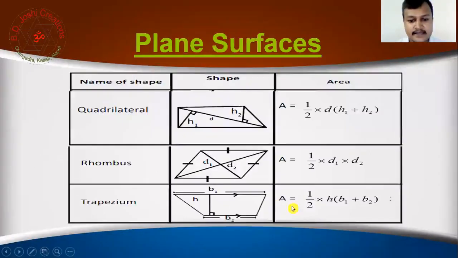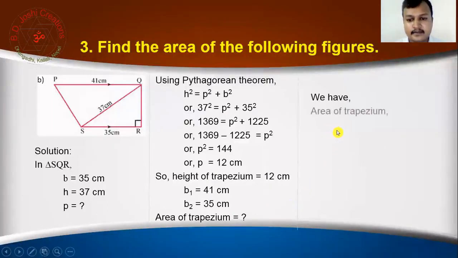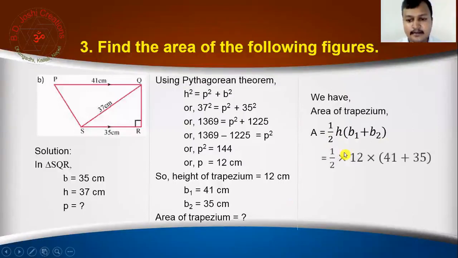And you know the formula, as I repeated. Area is equal to 1 by 2 h times (B1 plus B2). We are using the same formula here. Put all values. Value of h is 12, value of B1 is 41, value of B2 is 35.